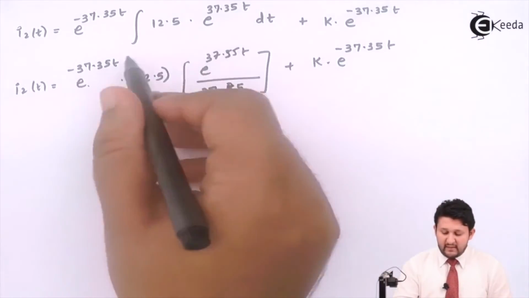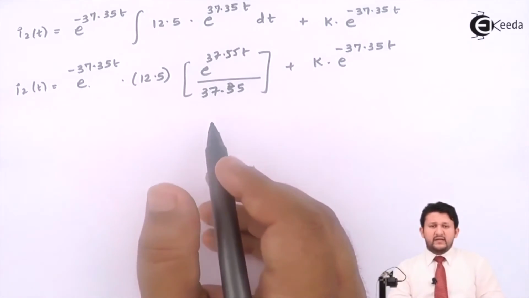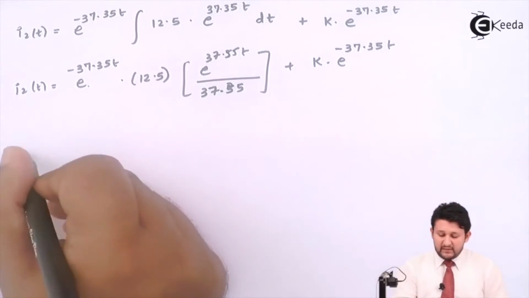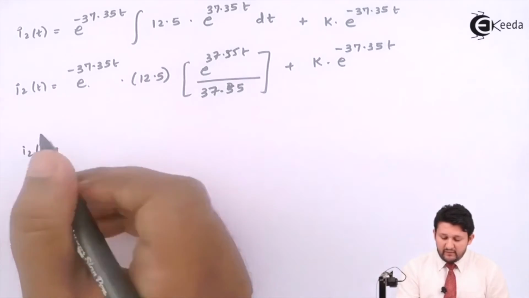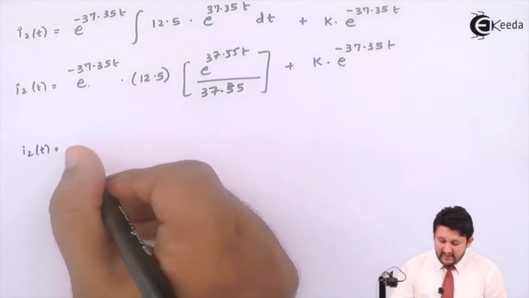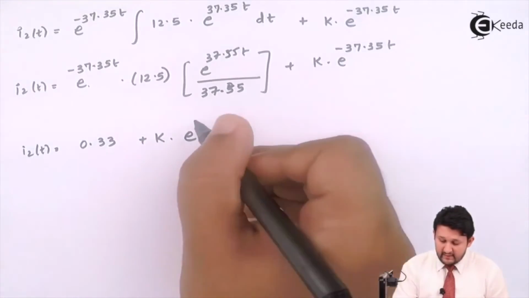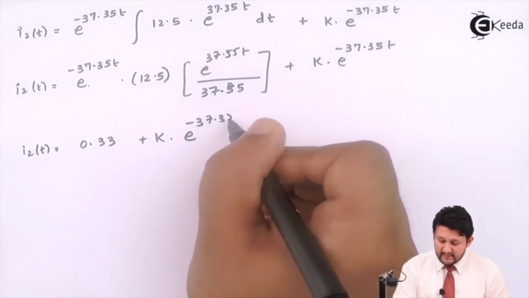So the base is same and the power is different, exactly opposite. If you add them, you will get 0. So anything raised to 0, you get 1. So if you simplify, your I2 of t is equal to 12.5 divided by 37.35, which you get as 0.33 plus k into e raised to minus 37.35 into t.